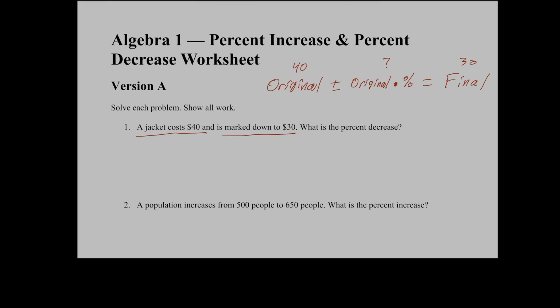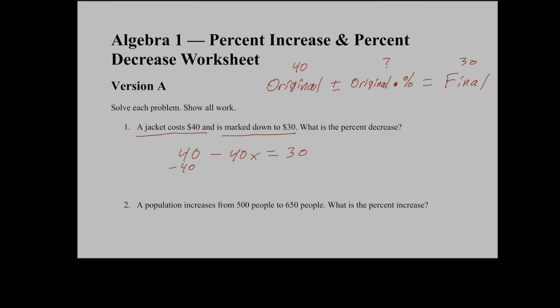So the way I set this up is I'm going to go 40, and it's marked down, which means we're going to subtract whatever the x is, but here's the trick. Here's the part people forget. It's $40 times that percentage, and that's going to equal our final, which is 30. So putting that 40 back in is the part that people usually mess up. So be very careful on that.